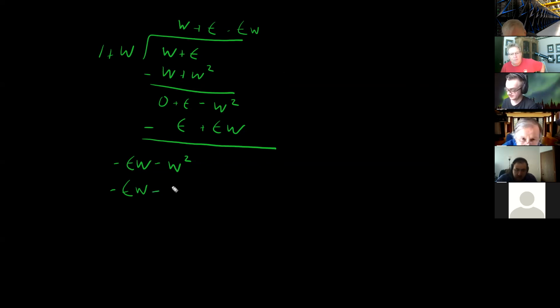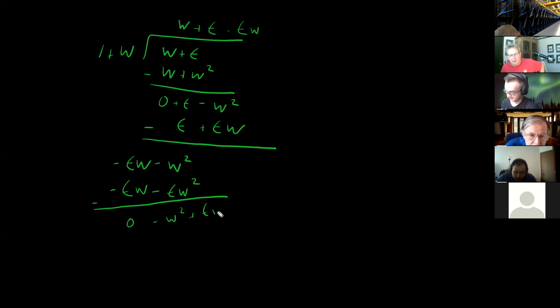Times minus epsilon W squared. Subtract, 0, then you get minus W squared plus epsilon W squared. Everything past that is going to be squared terms, so I can stop right here. So this breaks up into W plus epsilon minus epsilon W.